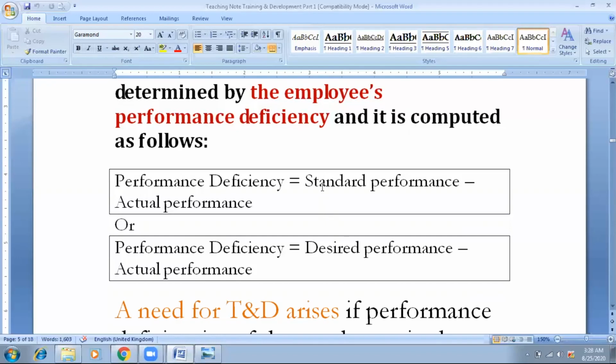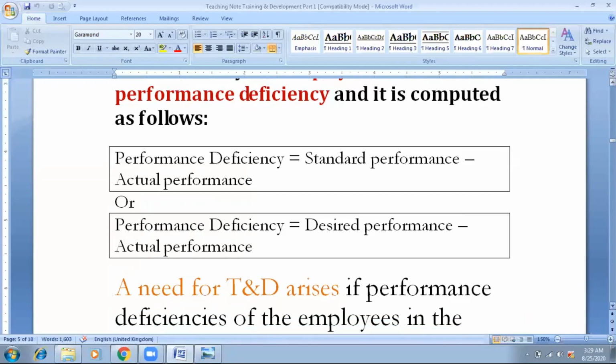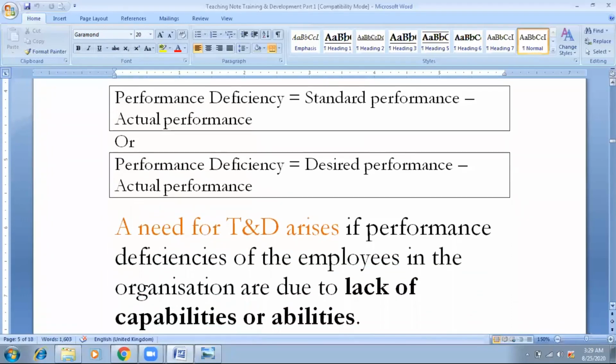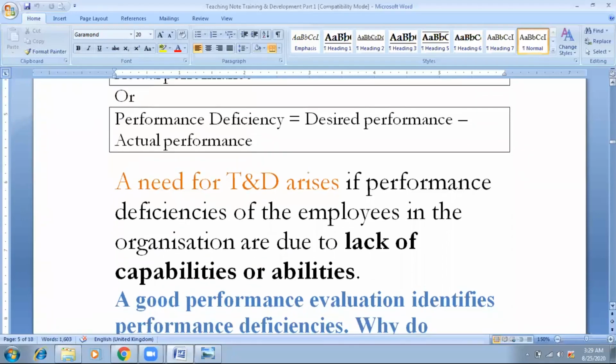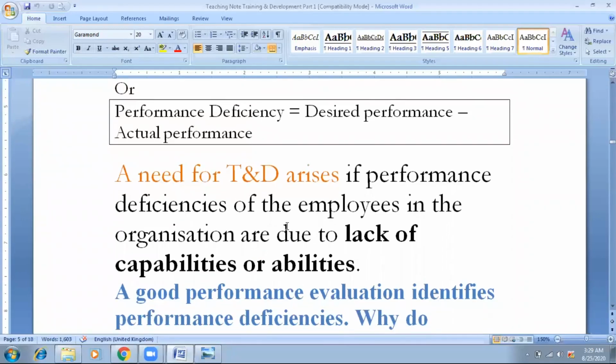So assume the employee is supposed to do 5 duties. That is the standard performance. Well, actually, the employee performs only 3 duties. Then the performance deficiency is not performing 2 duties.